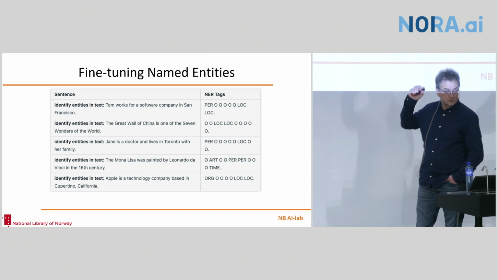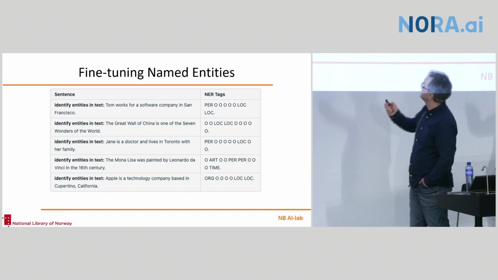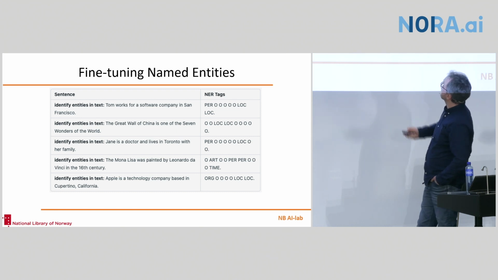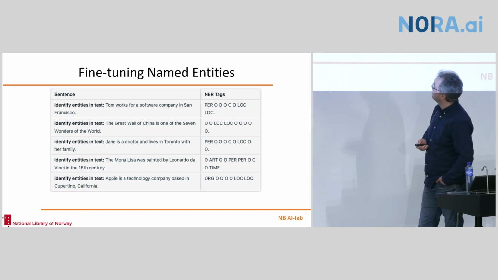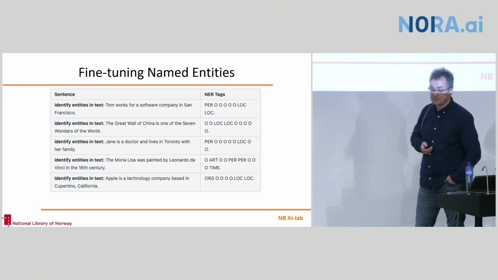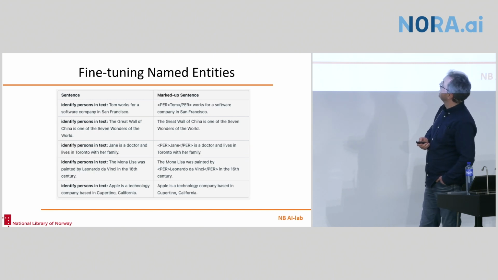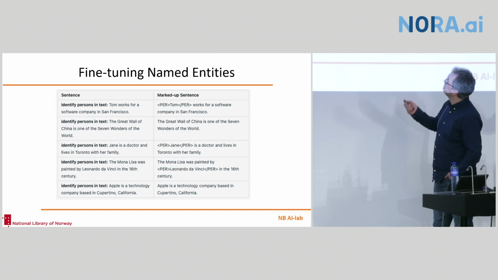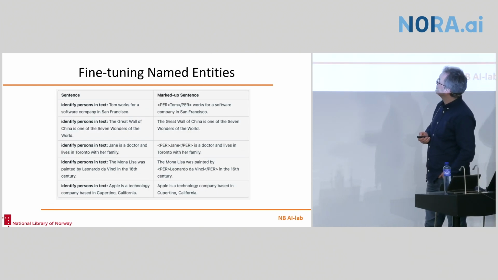The dataset we come to later is the Norne dataset. This is just an example of how named entity tags are set. It was also shown a bit earlier here. Per here is a person, and location is basically a location. Here is just a person tag in it.